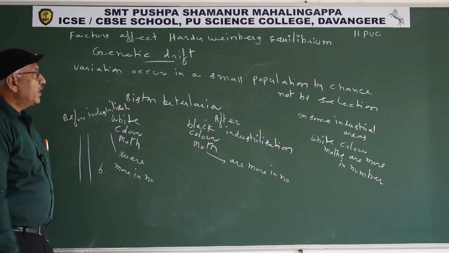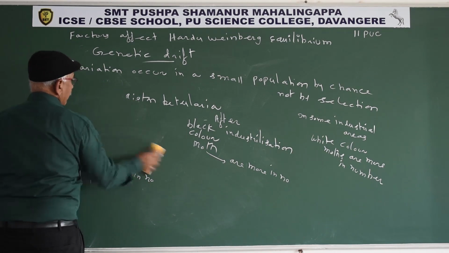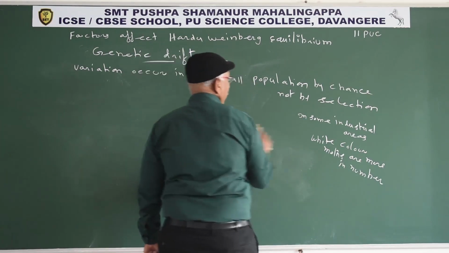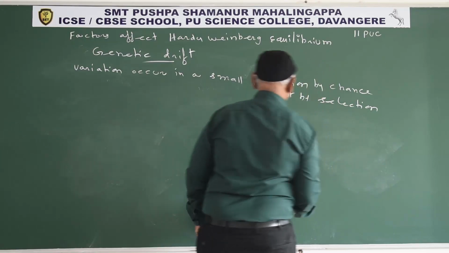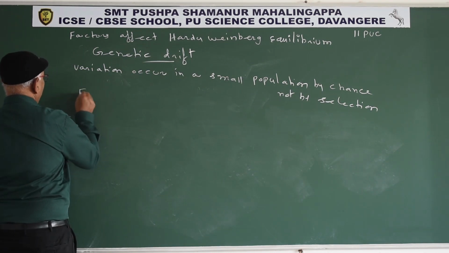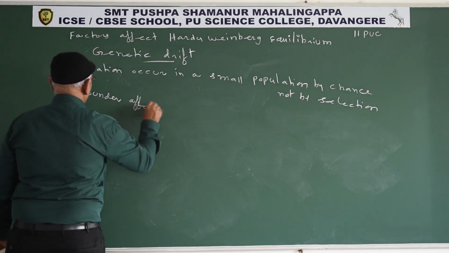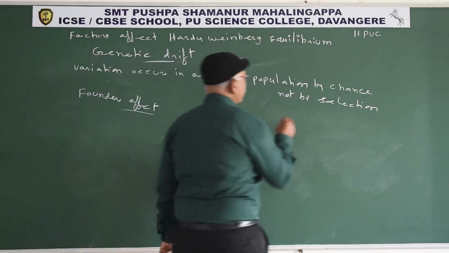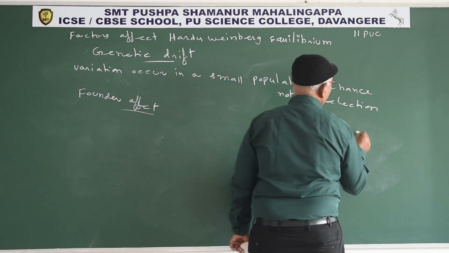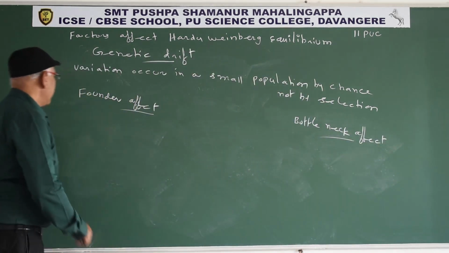Examples of genetic drift are the founder effect and the bottleneck effect.